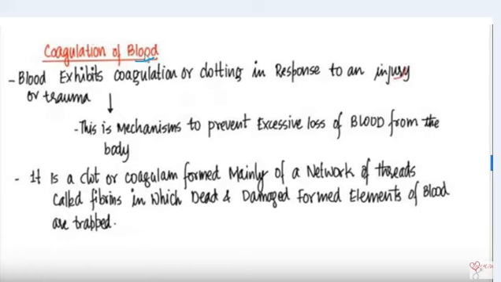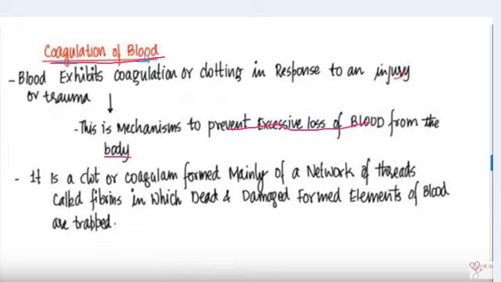What is the importance of coagulation of blood in the human body? It is very important because it prevents excessive loss of blood from the body. Too much loss of blood from the body is prevented by coagulation of blood. So coagulation of blood is very important.